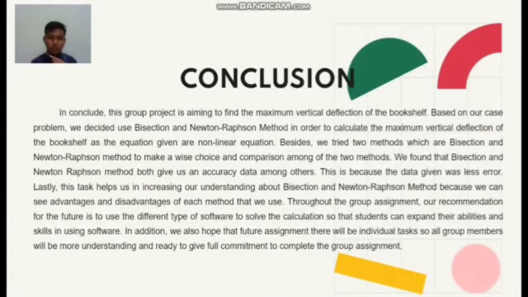We tried two methods, bisection and Newton-Raphson, to make a wise choice and comparison between them. We found that both methods give accurate data, because the data had little error. Lastly, this task helped increase our understanding of the bisection and Newton-Raphson methods, because we can see the advantages and disadvantages of each method.